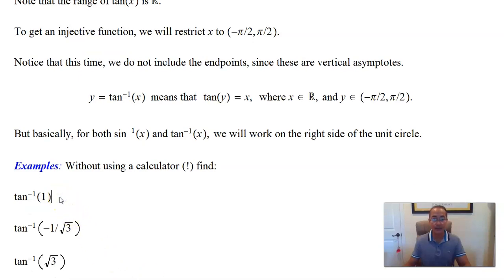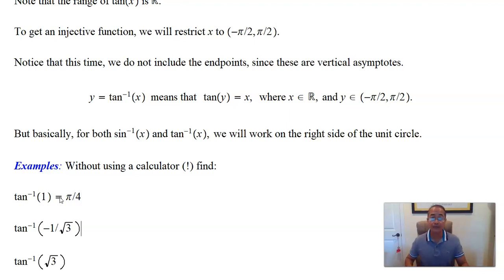We can't use 1/2 and radical 3 over 2 anymore, because the tangent of our famous angles are now either, well, you tell me. Do we know an angle between minus pi over 2 and pi over 2 whose tangent is 1? Okay, do we remember? That angle is pi over 4.